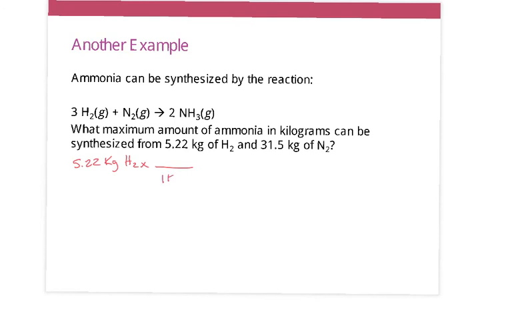So let's convert our kilograms into grams. And then we say, okay, for every 2.2 grams of H2, we have 1 mole of H2. Now we can use the chemical equation here, and we know for every 3 moles of H2, we have 2 moles of ammonia.